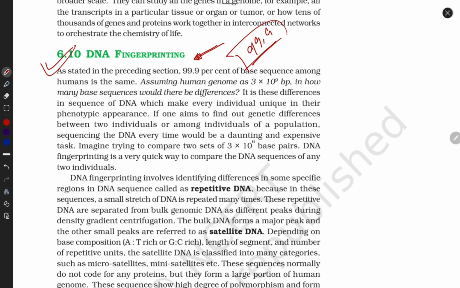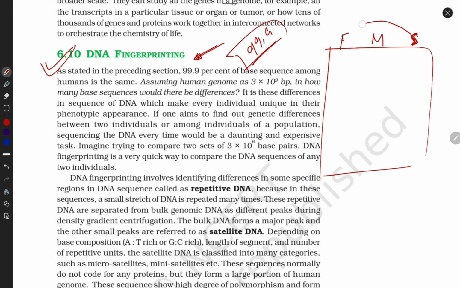Now how do we determine that this is the father, this is the mother, and this is the son? How do we trust that this son belongs to these parents? Because if we take the father's DNA, the mother's DNA and the son's DNA, and do DNA gel electrophoresis, we get bands.